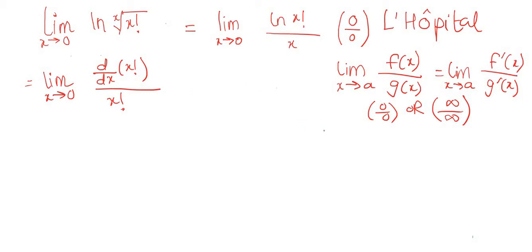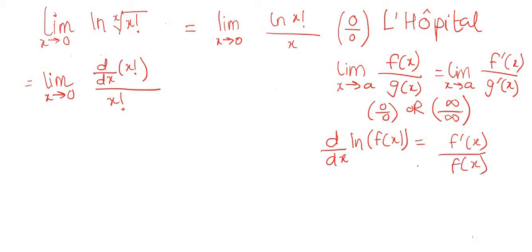I'm assuming you know how to differentiate the natural log, but I'll write it down for you: the derivative of ln of f of x is equal to f dash of x over f of x. I just use the same thing over here.